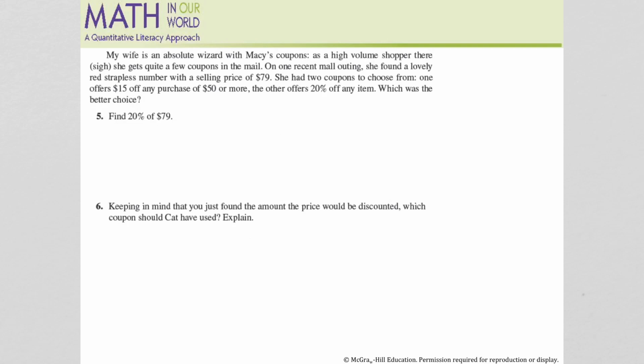Well, if we find 20% of 79, change 20% to a decimal, multiply times 79, that gives us $15.80. So if she chose the 20% off coupon, that's what she would pay.